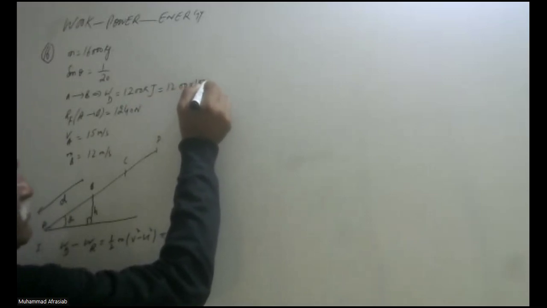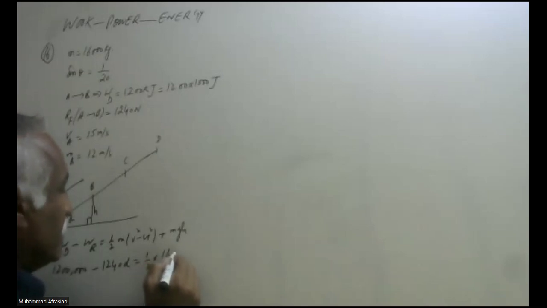Now we will put the values in, regarding the information given in the question. Work done by the driving force from A to B is 1200 kilojoules. So that will become 1,200,000 joules, because this value is 1200 into 1000, in joules. Minus work done by the resistance force.